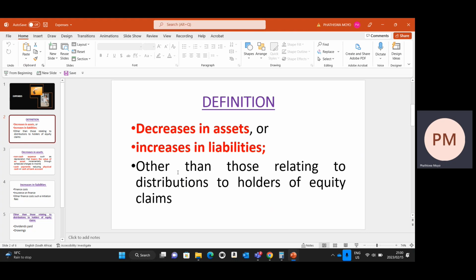And this must not be related to distributions to shareholders. That's the first thing that must happen. Otherwise, if a particular transaction or case study does not meet a certain element, then we're not going to recognize it. It has already failed the definition test.